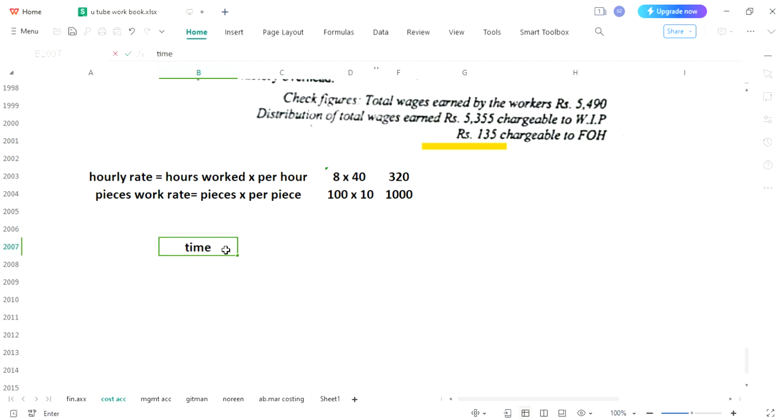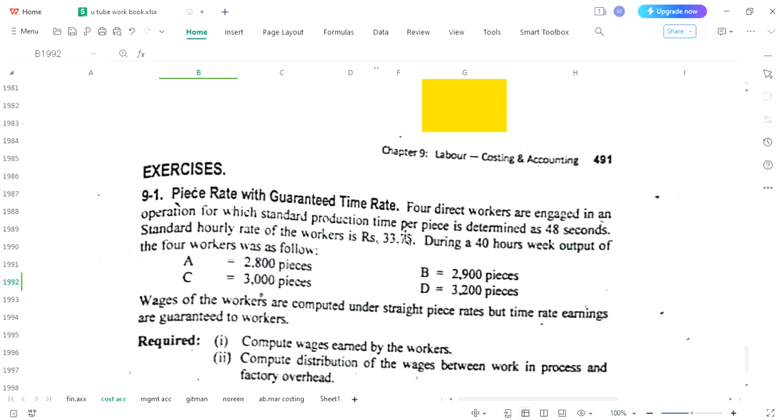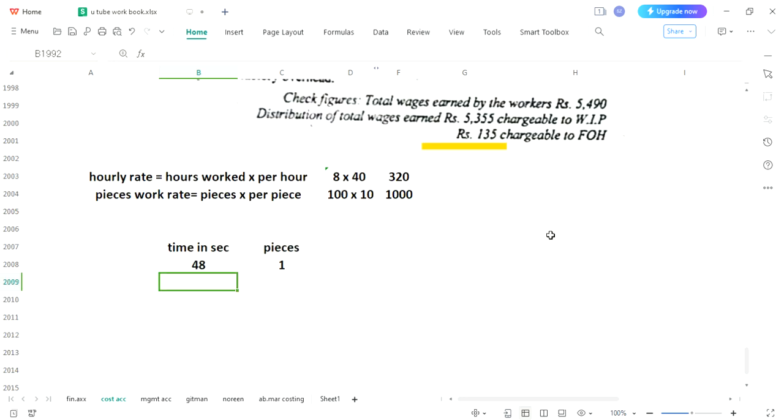Time in seconds is given and pieces are mentioned. It has been said that 48 seconds is what one worker will take to produce one piece. Same we have written over here.